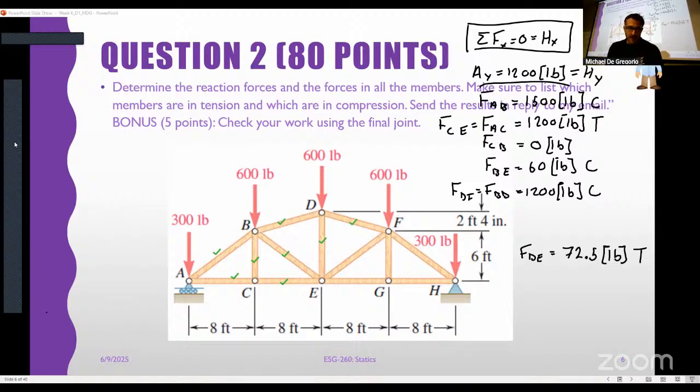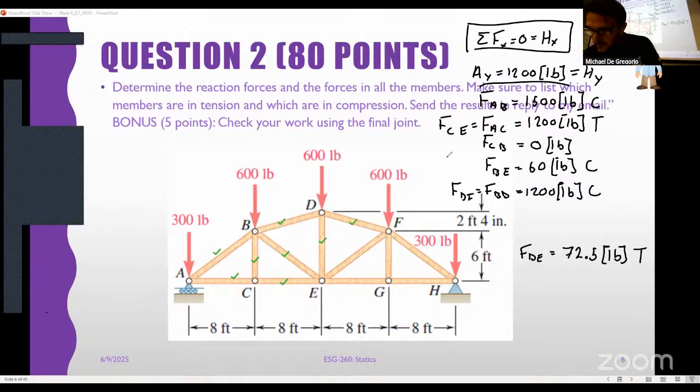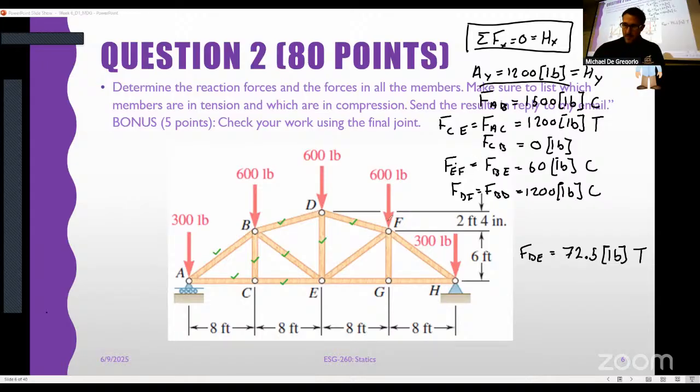If we look at the rest of them, based on symmetry, we can say FEF and FBE are the same. This is 0, because that one was 0. Okay, so we found that now.